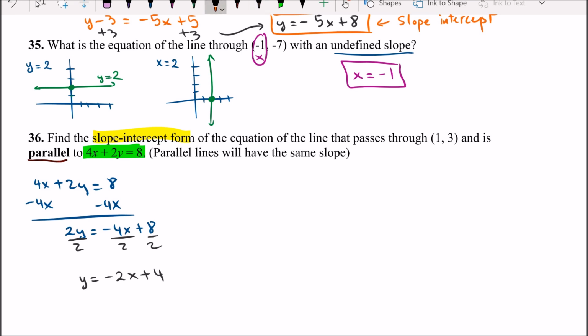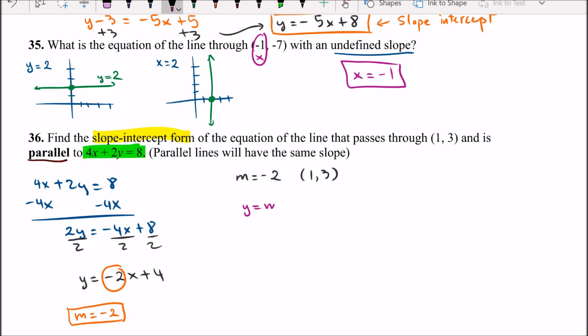Based on this equation, you can pull out slope is -2. Okay, since they are parallel, the slope will be the slope of the line that passes through point 1, 3. So from the slope -2 and the point 1, 3, we can write an equation.